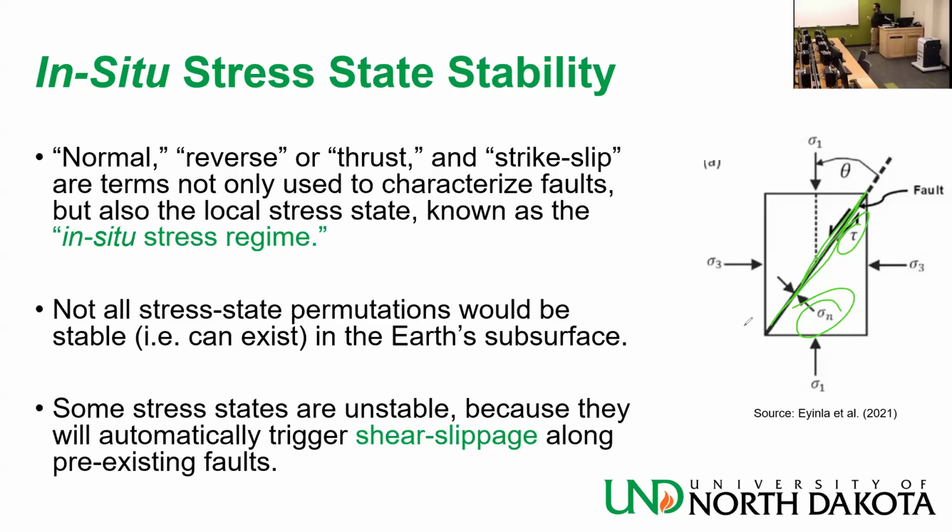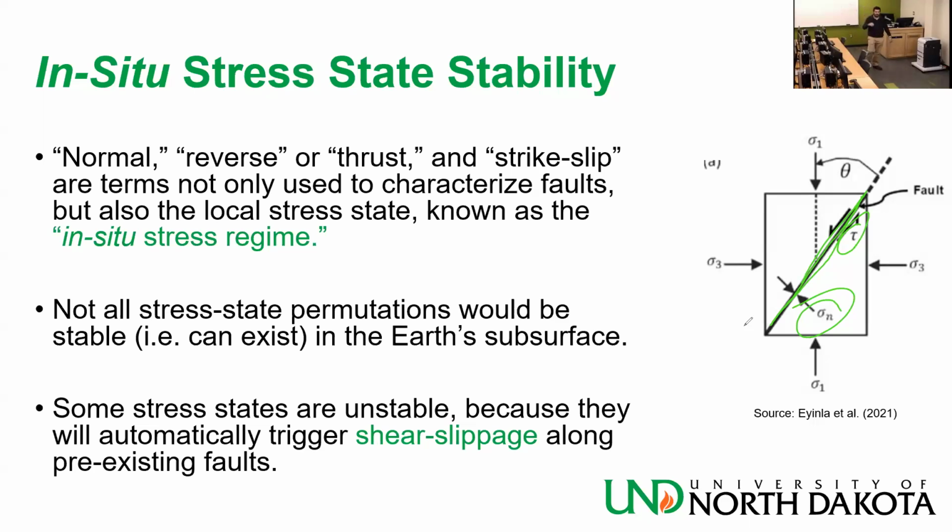The normal stress, sigma n, tries to keep the fault together. So if tau overpowers sigma n in a certain way, you are going to get full slippage.